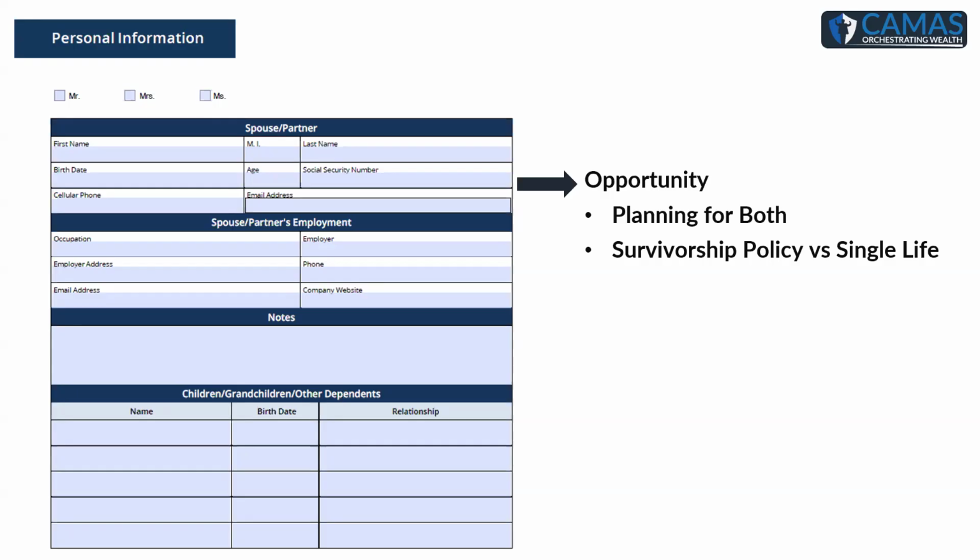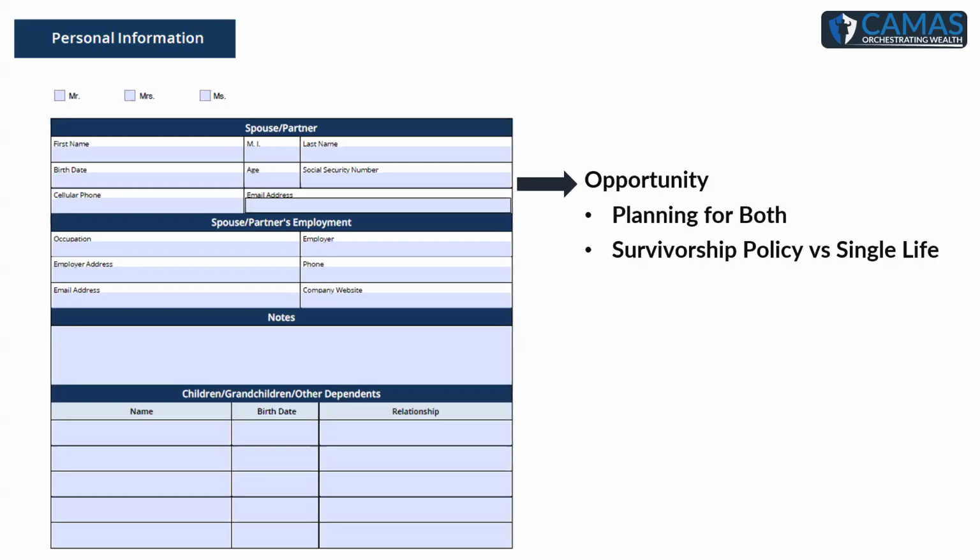All of this, if you think about the opportunity, well, if I'm planning for spouses or significant others, am I planning for one or am I planning for both? And I've been in situations where our client was one spouse and one spouse only. They kept everything separate, so we have to keep everything separate.